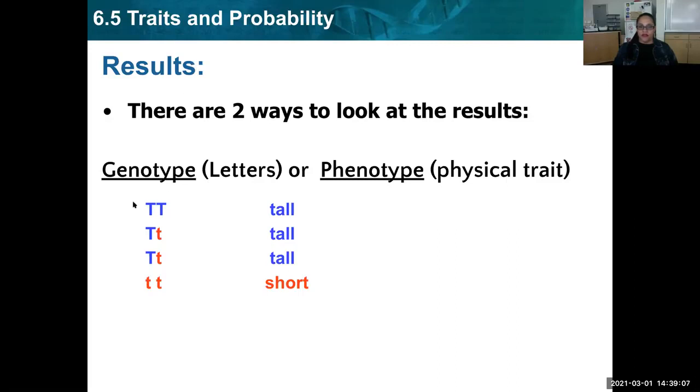How many boxes have a big T, big T? 1 out of 4. If you have 1/4, that's 25%. So number one, a lot of you got that one wrong.